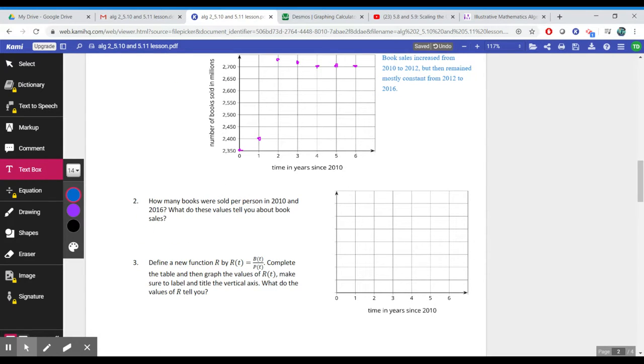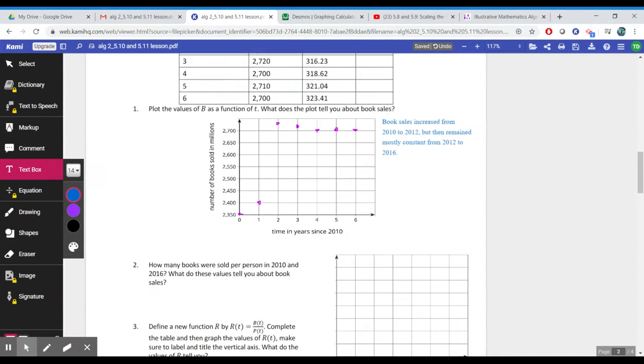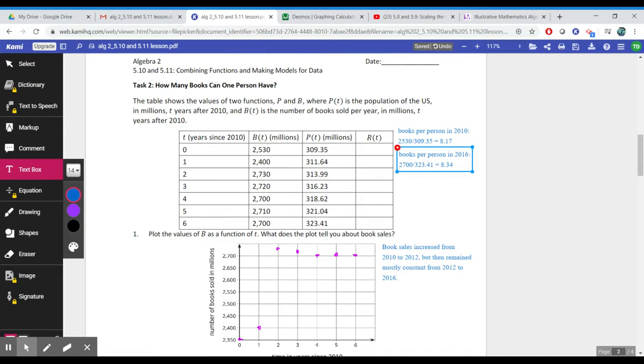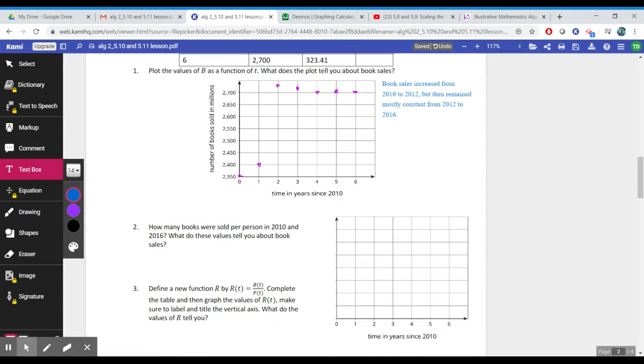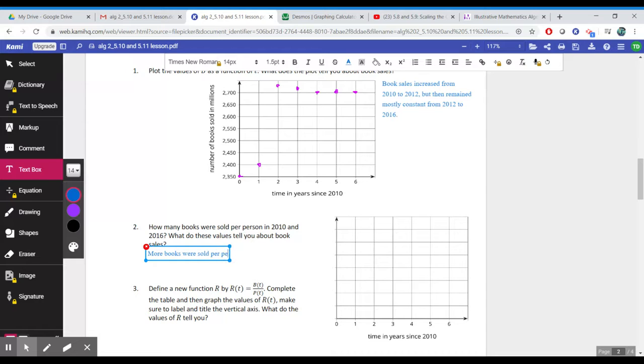So the next question is, feel free to copy this work down in this section as well if you want to show how you got your values there. So what does this tell us about book sales? Well, it tells us that more books were sold per person in the year 2016 than in 2010.